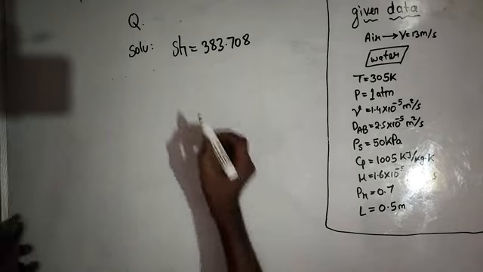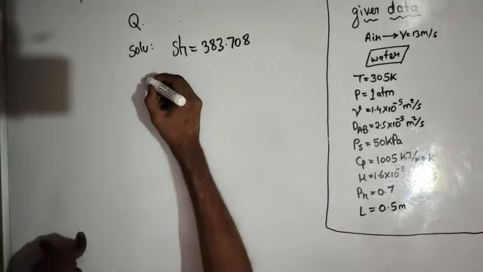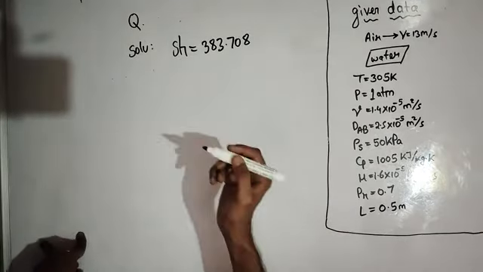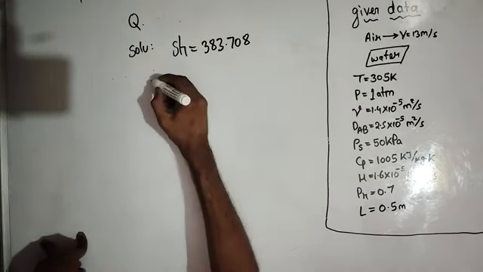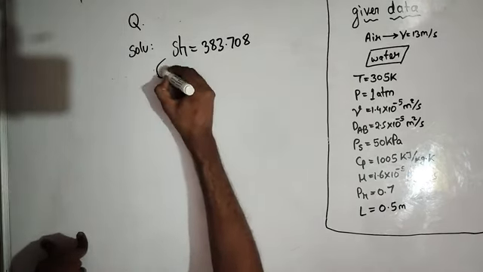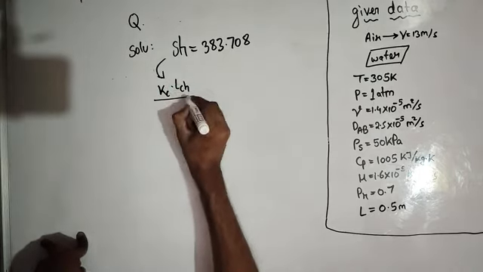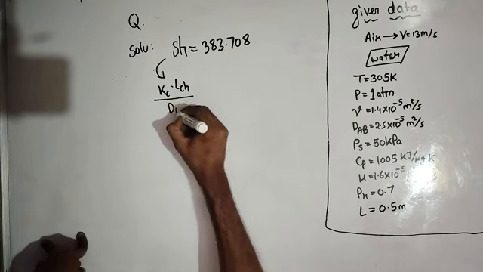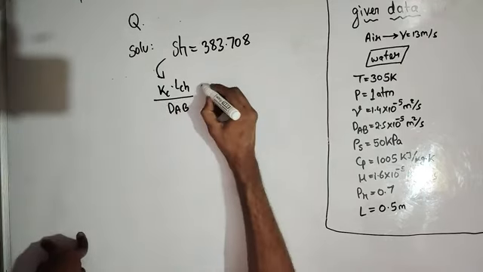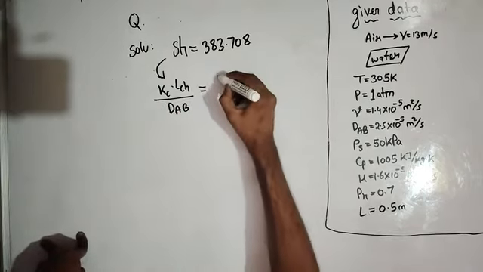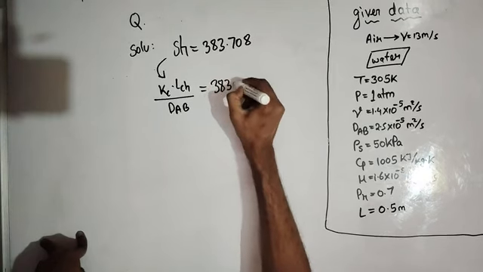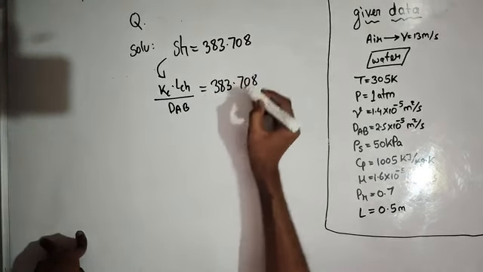So now we have calculated the Sherwood number. From the Sherwood number, we will calculate the mass transfer coefficient. So Sherwood number can be written as Kc into L upon DAB, and the value of Sherwood number is 383.708.